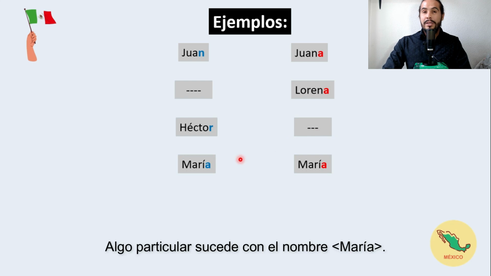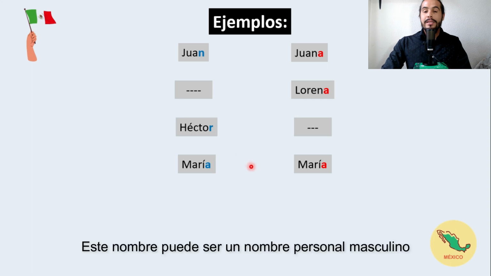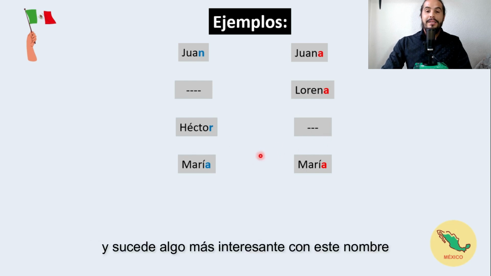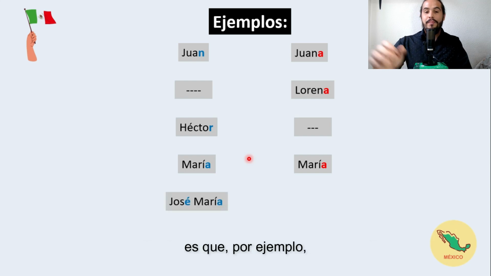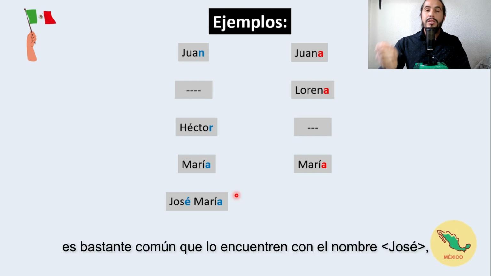something special happens with the name Maria. This name can be either a masculine personal name or a feminine personal name. And something more interesting that happens with this name is that, for example, if someone is going to give the name to a boy using Maria, it is quite common that you will find it with the name Jose.